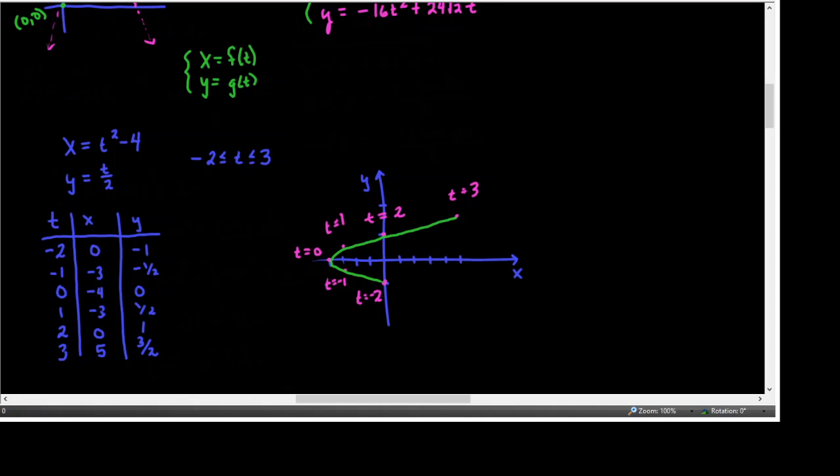Notice I did not put arrowheads on the end because of the domain statement; it's not supposed to keep going. So that's the entire graph, and now that I've drawn it, if you looked away when I was drawing it, can you tell which way I went? Well, the labeled t values help, but I'm going to ask that you always give me the orientation of the curve by putting several arrowheads along the curve so that it's very clear which way you're moving along that curve.